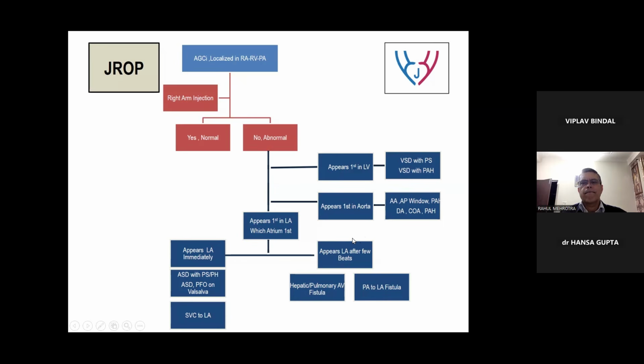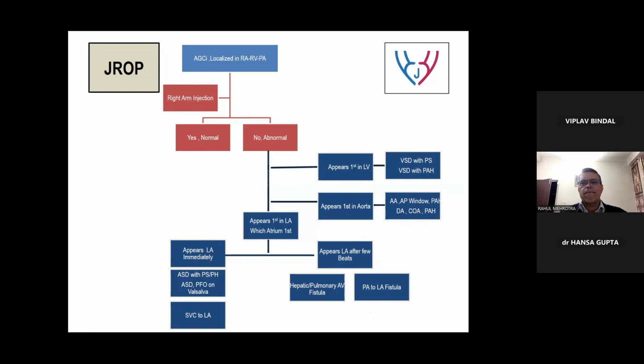Now, if it appears after a few beats, then two important things: either we are looking at hepatopulmonary fistula or we are looking at pulmonary artery to LA fistula. So if you are looking at a contrast, you should think about what abnormality you are looking at.